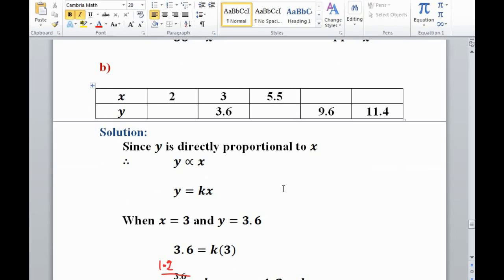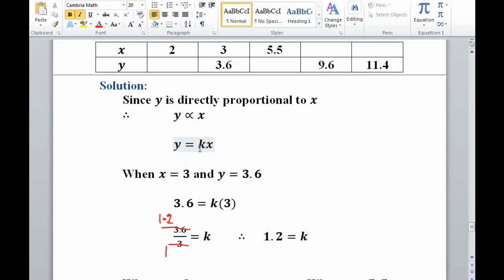So once again we know that y is directly proportional to x, so this statement can be written as y is directly proportional to x. And when we remove this proportionality sign, we are going to place constant k, so this equation becomes y equals kx. Now keep in mind here k is the constant of proportionality, so let's take these two values of x and y.